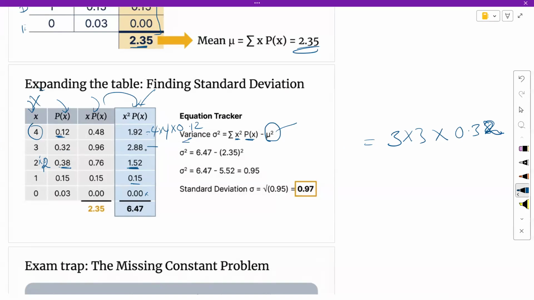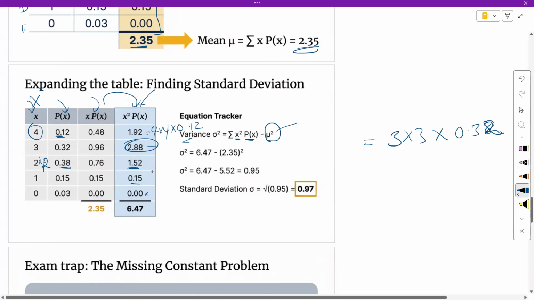Yes, it is 2.88. So likewise, it is calculated.